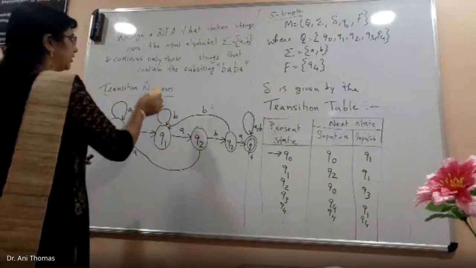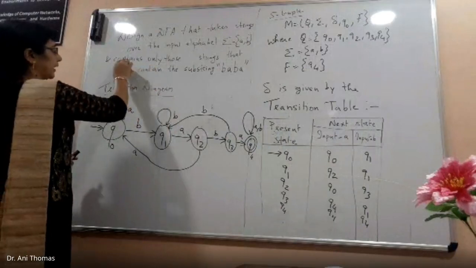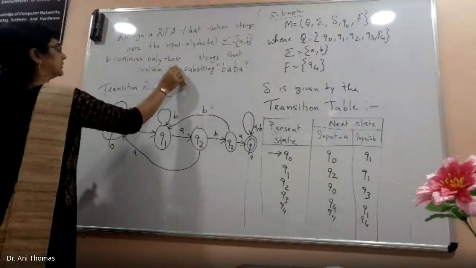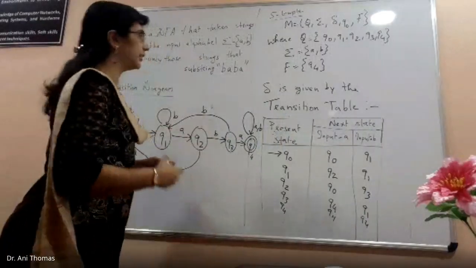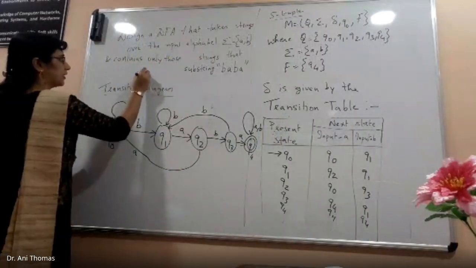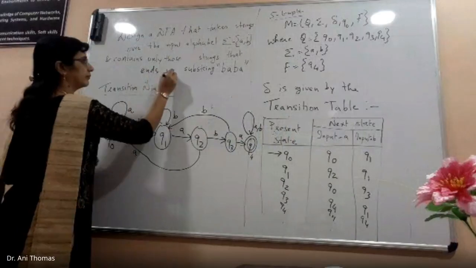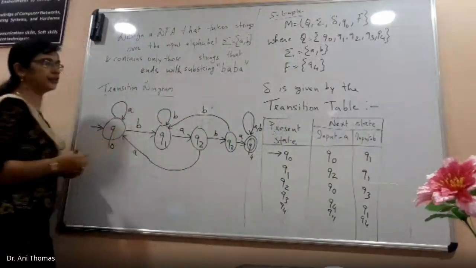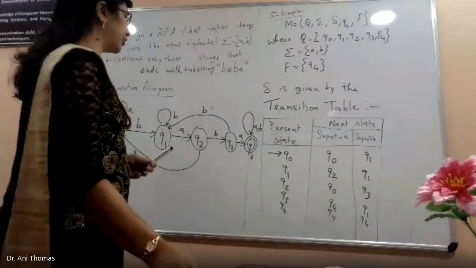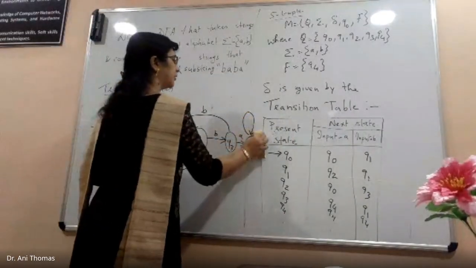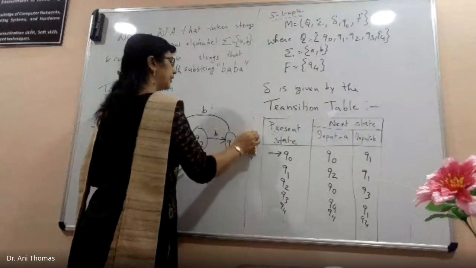We'll continue and find the DFA that accepts only those strings that end with the substring BA.